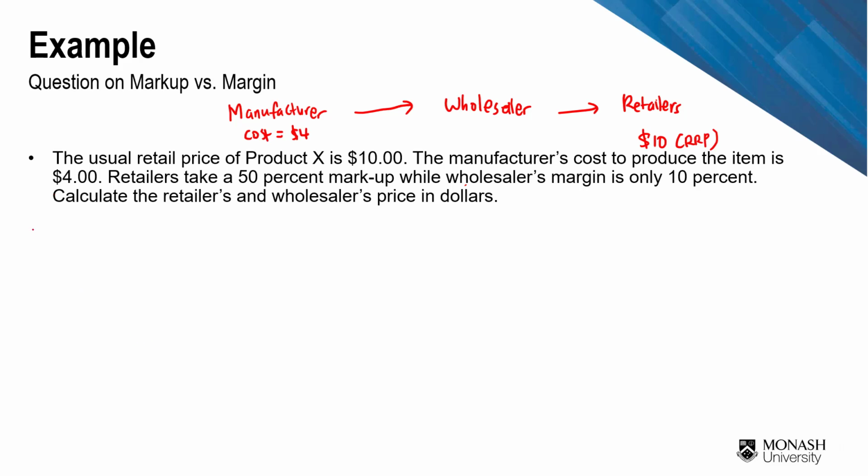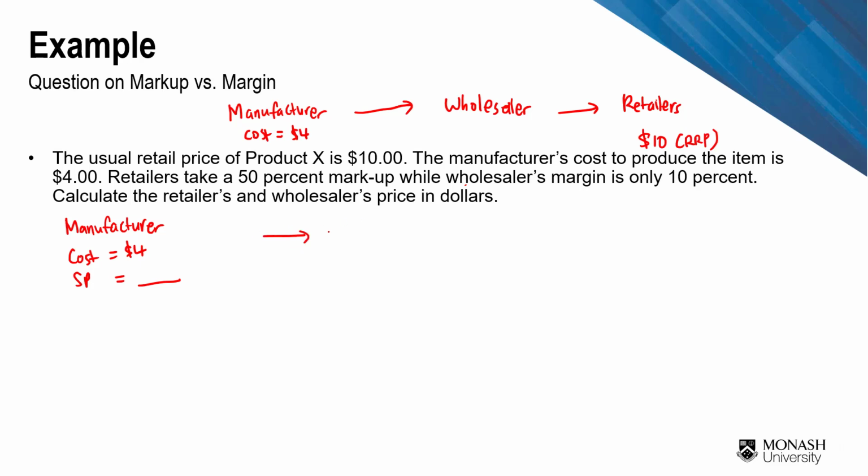So if I'm going to draw that correctly, let me just redraw that one more time. So manufacturer, you got the cost, which is $4, and the selling price. Let's put it blank.